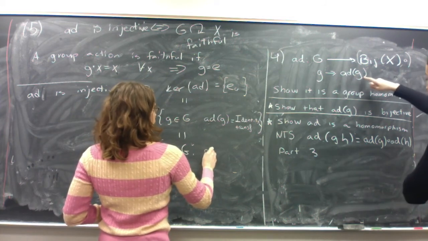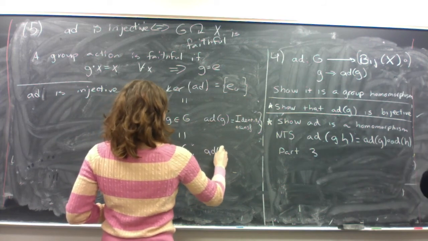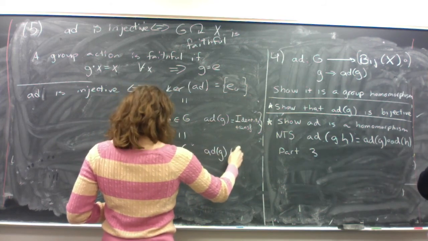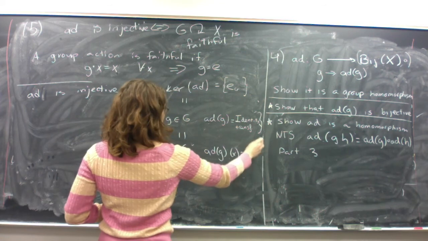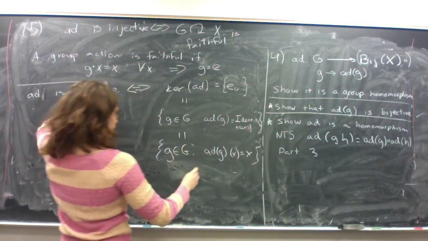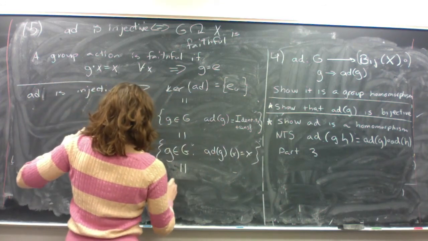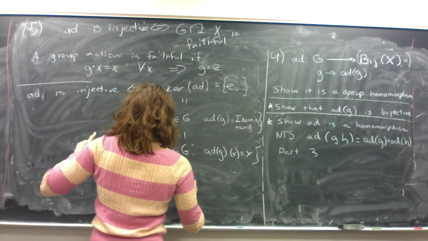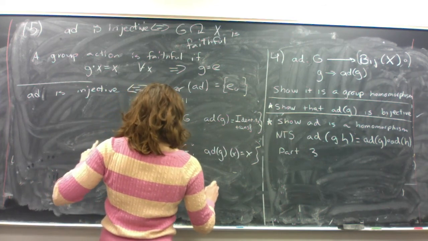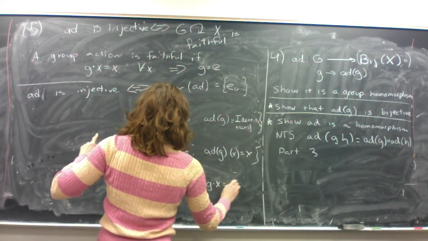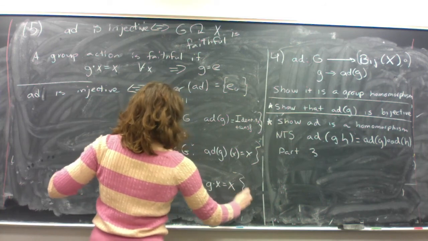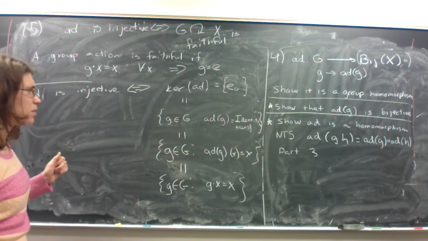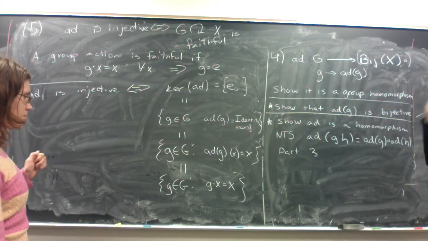Because I was going to say add G X equals X, but you're right. This is G in G, so that G dot X equals X. Is that right? Okay. So many equalities.